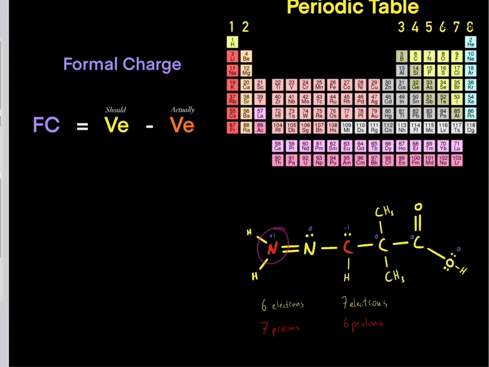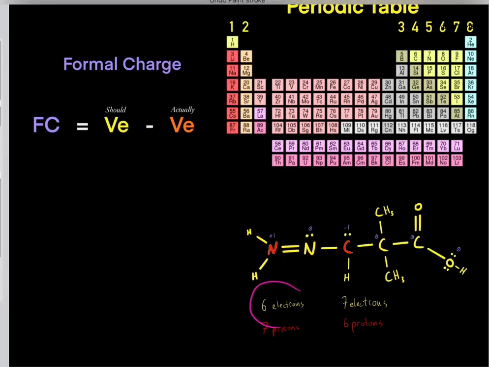So again, if you found the formal charge of this nitrogen, you would get +1. And if you found the formal charge of this carbon, you would get -1. This formal charge actually tells us about the atom's net charge. For example, if this nitrogen has a formal charge of +1, that means it has 1 more proton relative to electrons.